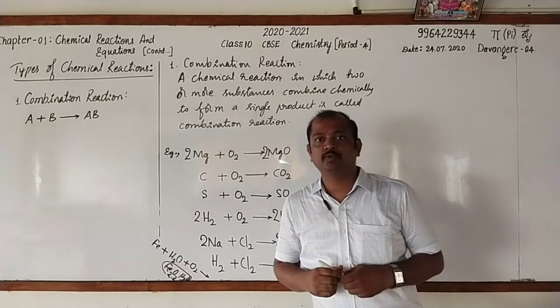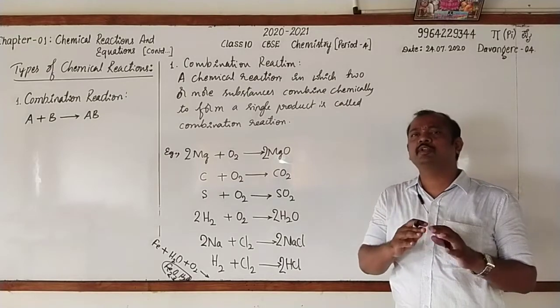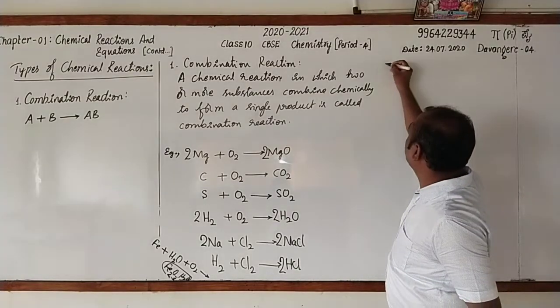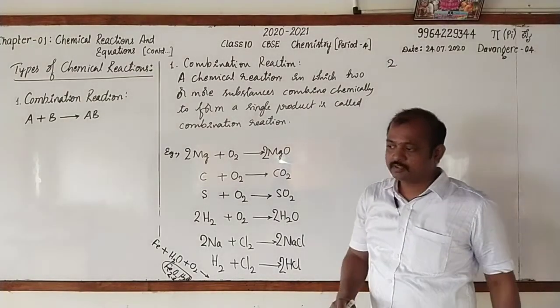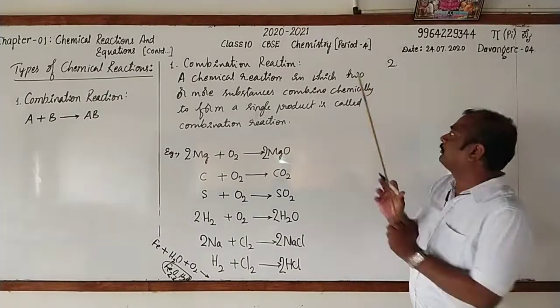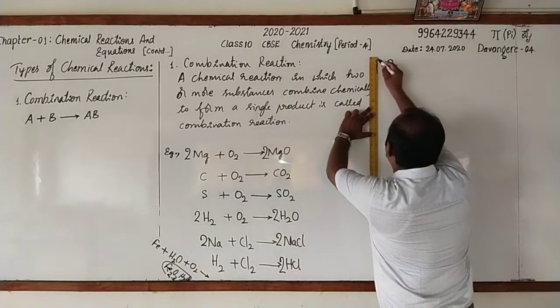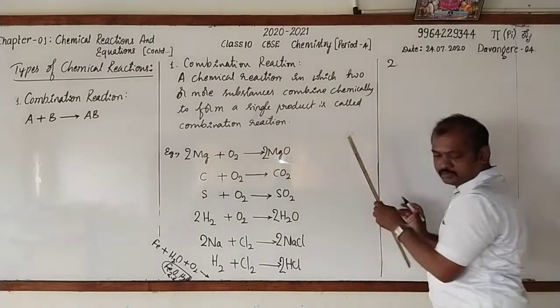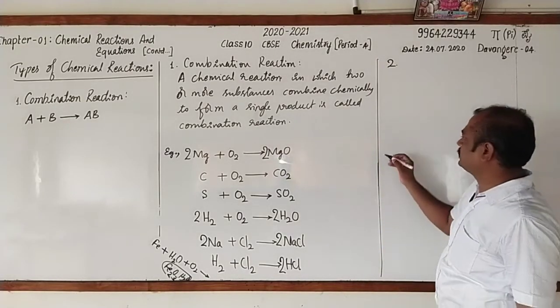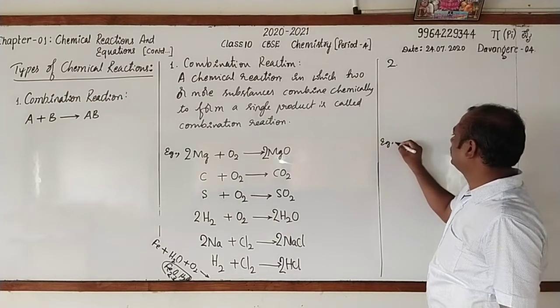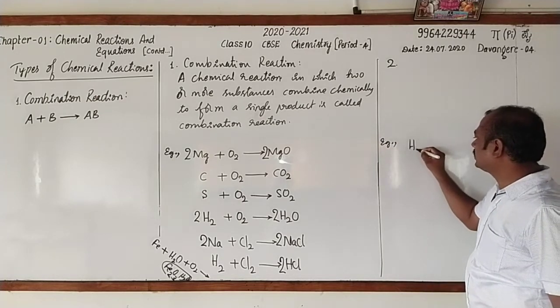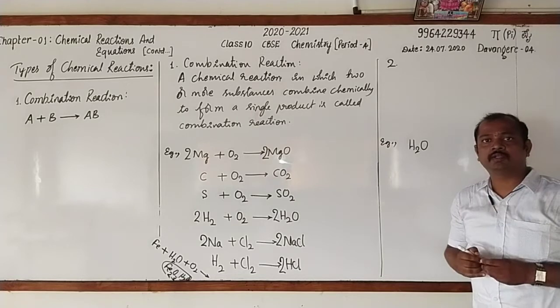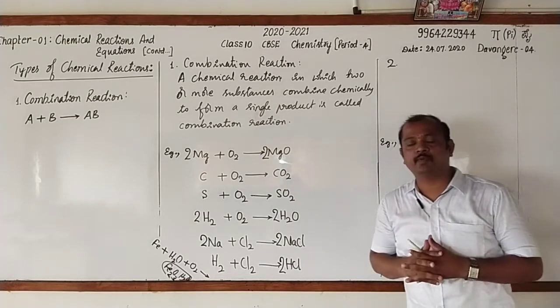Now we are moving to the second one. Here also I am going to take a very simple example. But the name of this type of chemical reaction will not be given. You are only going to tell that. Those simple examples are the first one, which is very familiar to you. Here, water is there. H2O is water. Assume that we have taken acidified water.